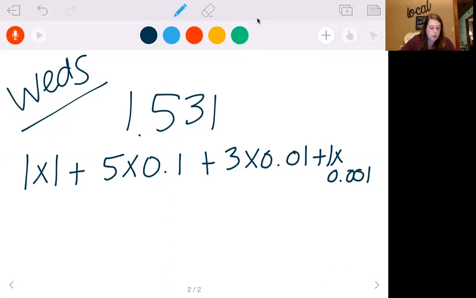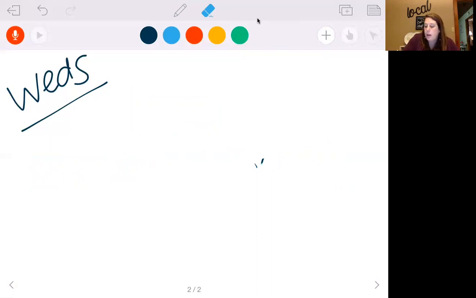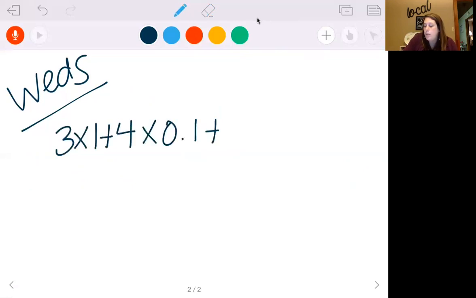Numbers 21 through 24 is going backwards. They give you the expanded form and you tell me standard. So let's try one of those. Let's do 3 times 1 plus 4 times 0.1 plus 3 times 0.001. Okay, 3 times 1, we know that's going to be my whole number.